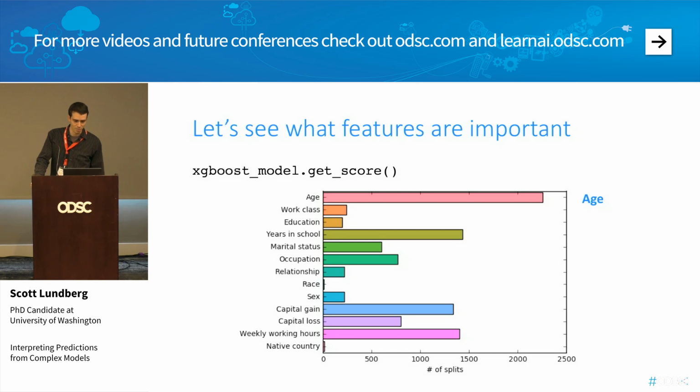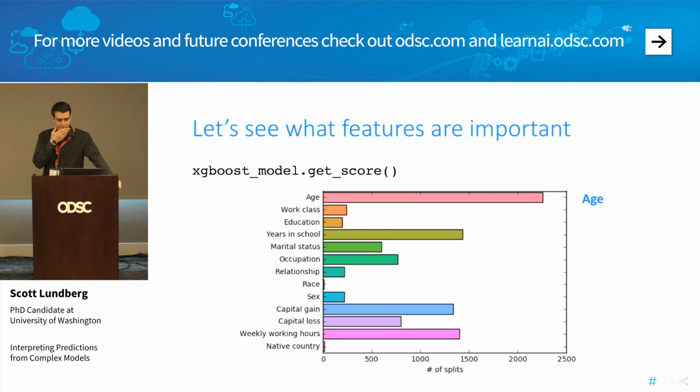If we do that, by default, it's going to spit back the number of splits that it did on all the features. XGBoost is a way of training thousands of trees of, let's say, depth 4 or 10 or 100 or whatever you picked. In those trees, we've greedily chosen splits on the features, and this just counts the number of splits. Presumably, if we split on a feature a lot, it's because it was important. So it looks like age seems to be particularly important here, maybe how much they've worked per week or years in school.